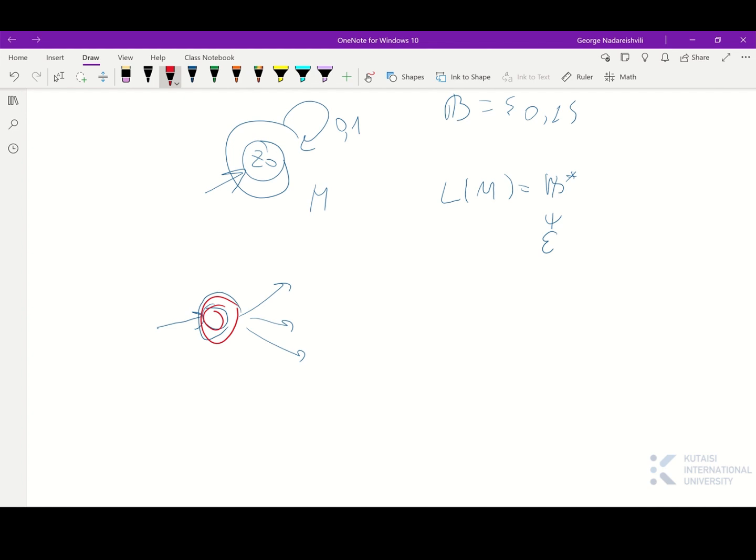Do you agree? If my start state is also an accepting state, epsilon will be in L(M). This will also be true in push-down automata, which I have not defined, or any automata I construct. If the state you start with is also accepting, then you will have epsilon in your language.